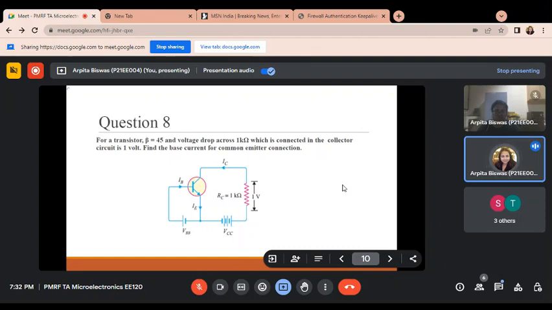Find the base current for the common emitter connection. So please try to solve the question.